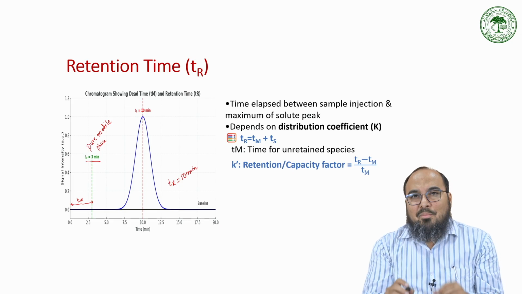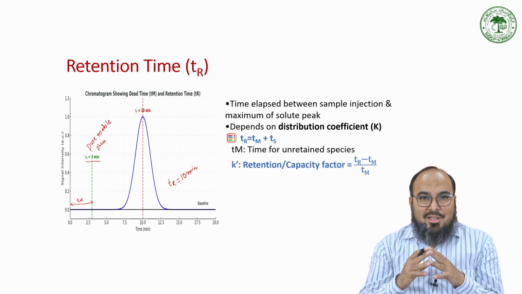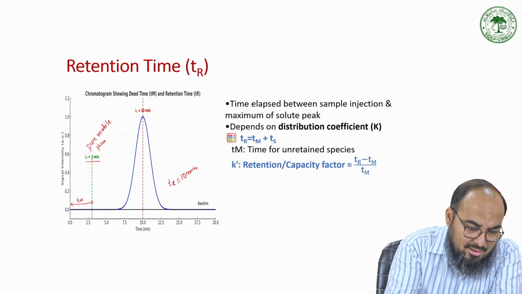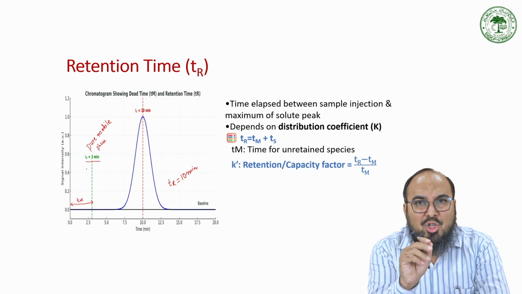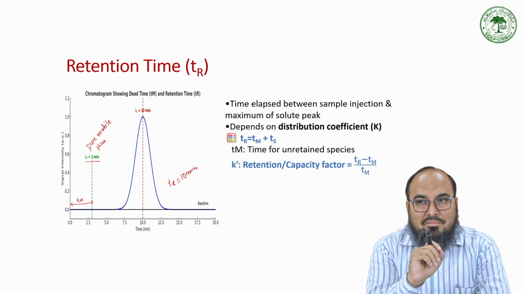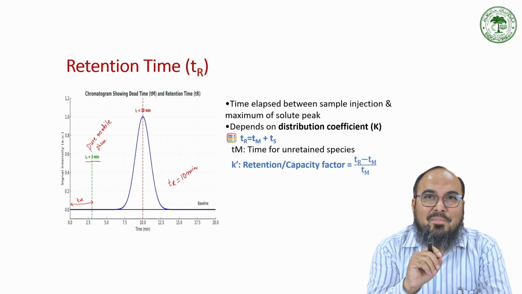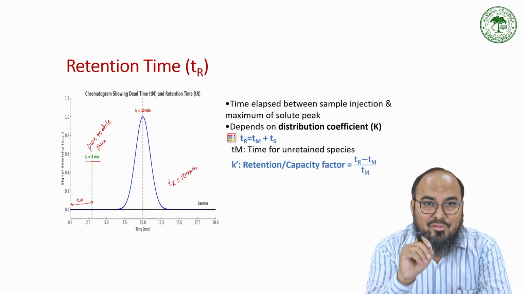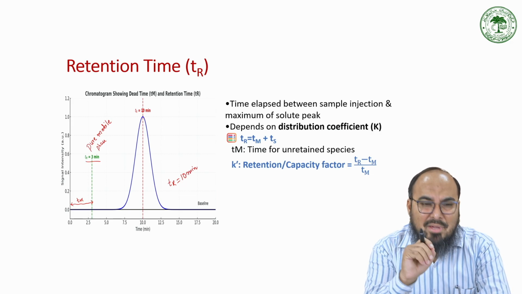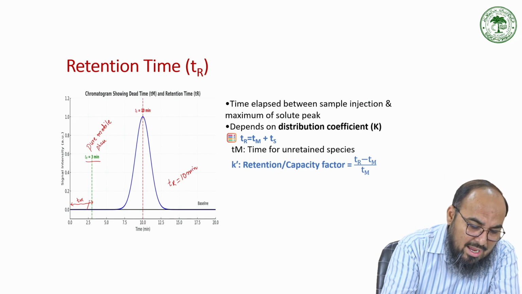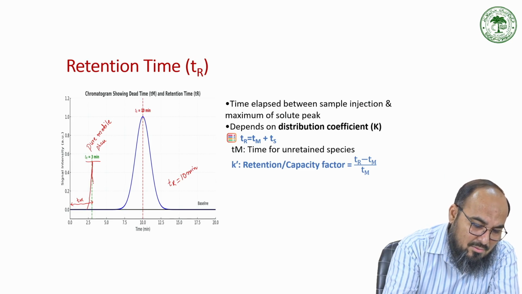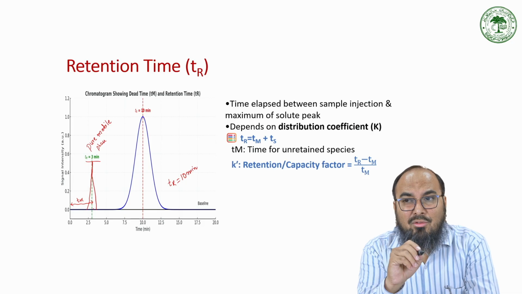Now there is one important, very interesting case. You can see that for TM we have shown it with only a dotted line. It does not appear as a peak. And if it is a peak, then it must be as narrow as possible. Why is it narrowed down?